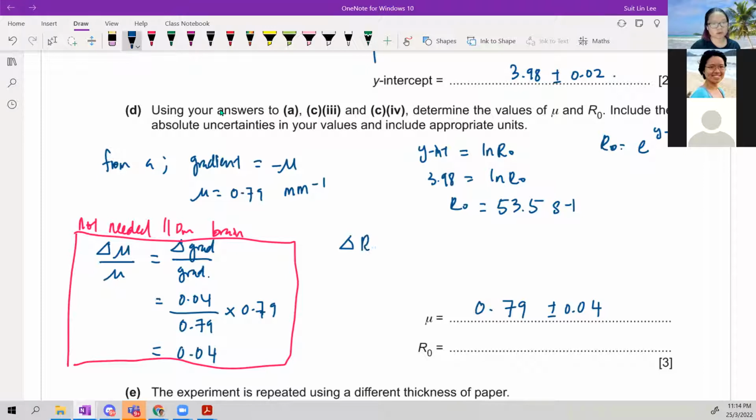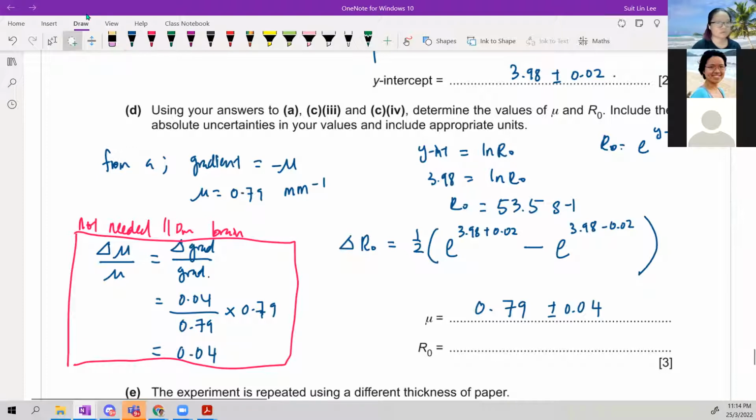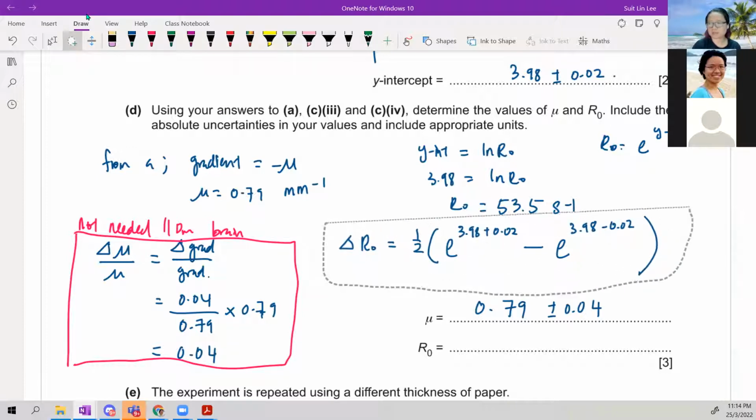So the uncertainty for R naught will be equal to half bracket e to the power of, we take the maximum one first, 3.98 plus 0.02 minus e to the power of 3.98 minus 0.02. Hopefully that makes sense. I'm using the max min method.